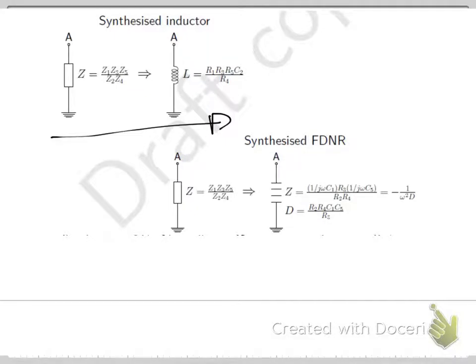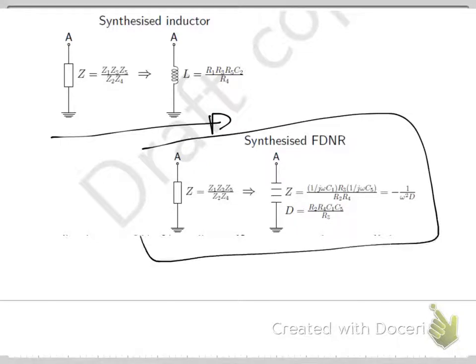So the one other thing that I didn't mention that you can synthesize with your jig is a frequency dependent negative resistance, as seen here. So to get a frequency dependent negative resistor, you substitute capacitors, 2 caps here, into Z1 or Z3 or Z5, and that's your frequency dependent negative resistor.